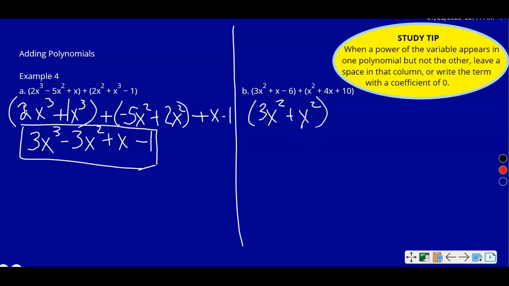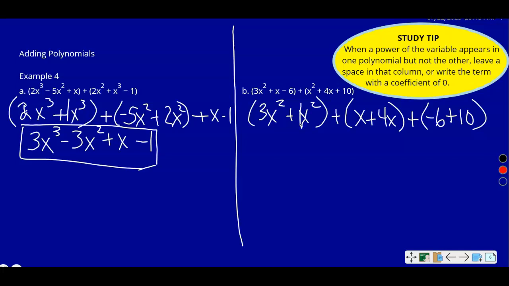And then I'm going to have plus x plus 4x. And then I'm going to have minus 6 plus 10.